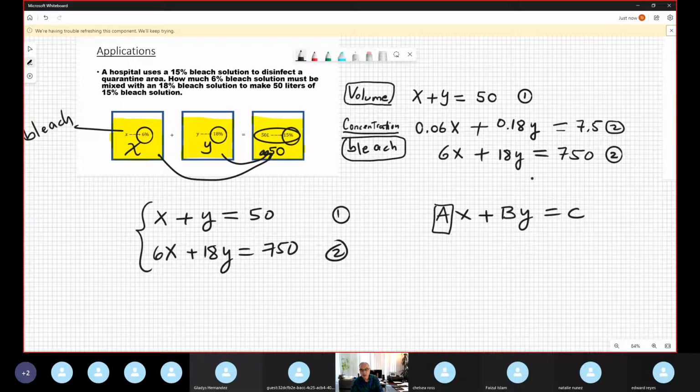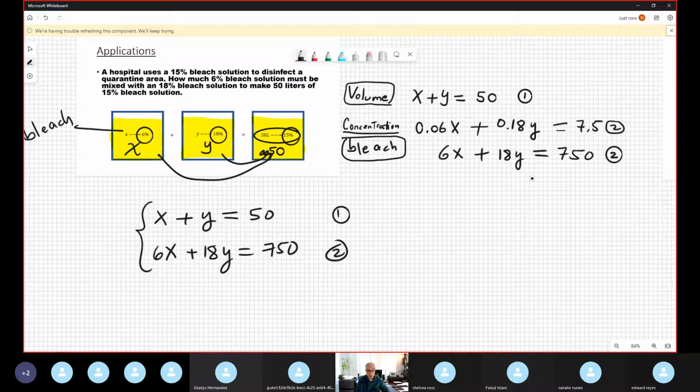A is a constant, b is a constant, c is a constant, x and y are variables. And I appreciate so much, not strictly mandatory, that a, b, and c are integer numbers. No decimal, no fraction. If you have a decimal or fraction, you multiply by the corresponding least common denominator, and you remove the fraction or the decimal.